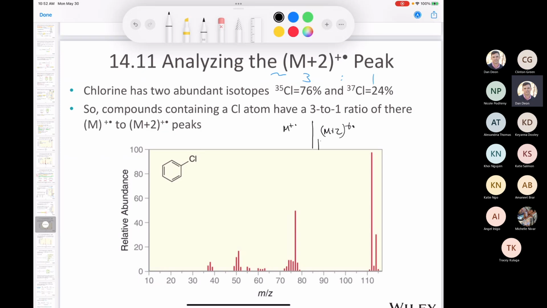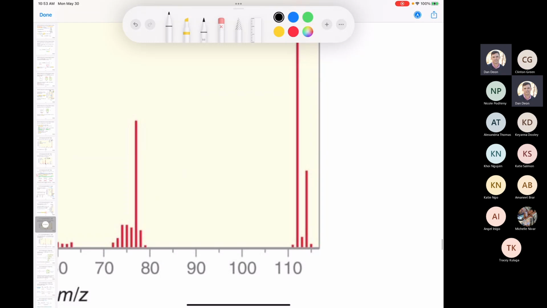Check this out. If we look at chlorobenzene, it has a formula of C6H5Cl. So let's tally that up. We've got 6 times 12, which gives us 72, plus 5, plus we use the most abundant isotope of chlorine, which is 35. So we take 72 plus 40, and we end up with 112. Let's zoom in. So if this is 100, this is 105, this is 110, this would be 115. So 111, 112.